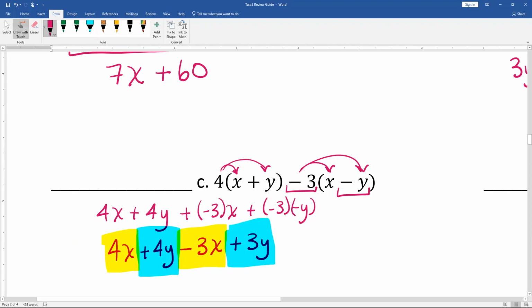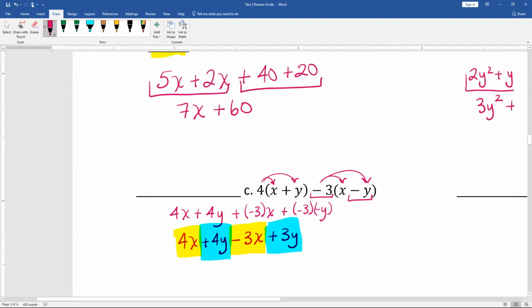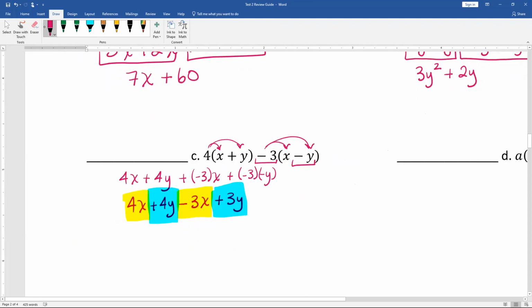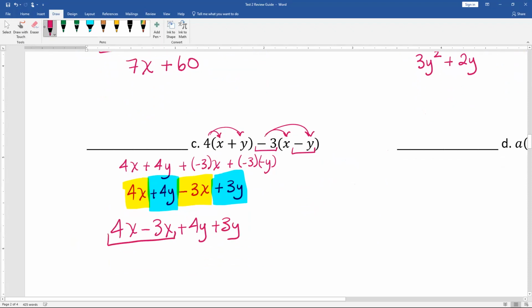So we have 4x minus 3x plus 4y plus 3y, and 4x minus 3x is just x. 4y plus 3y is 7y, so we end up with x plus 7y.